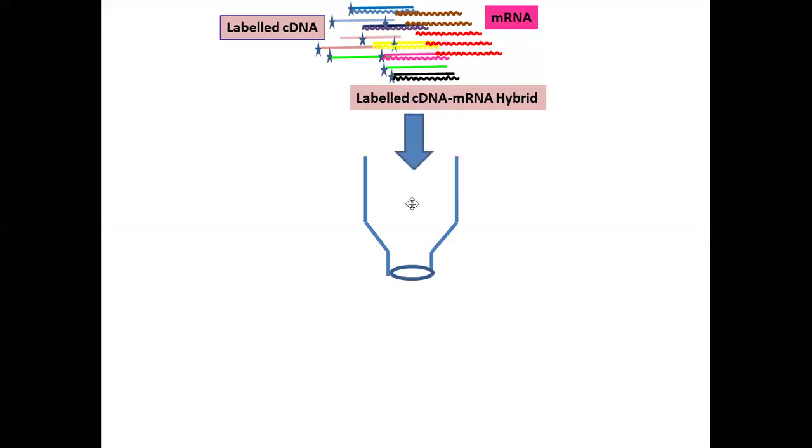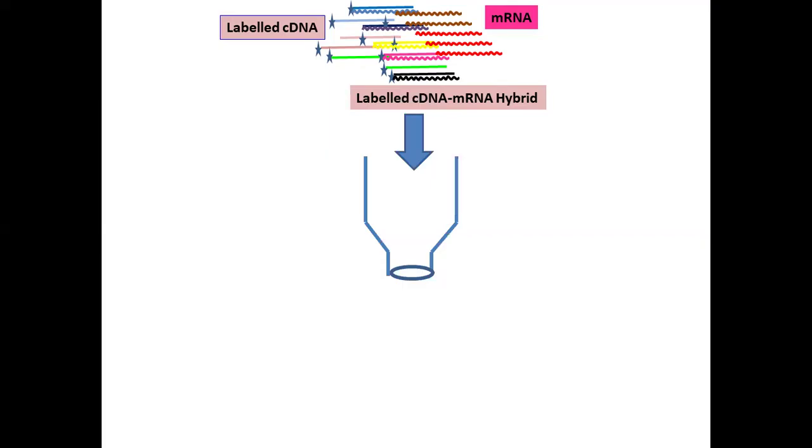The hydroxyapatite column has calcium and phosphates, which will hold the double-stranded DNAs and have less affinity to the single-strand nucleic acids.